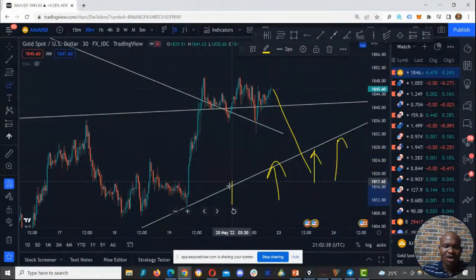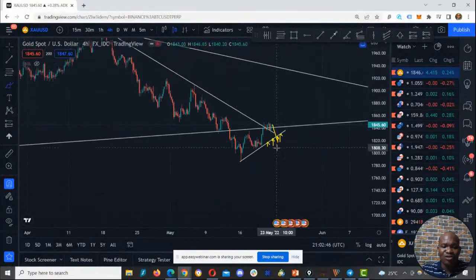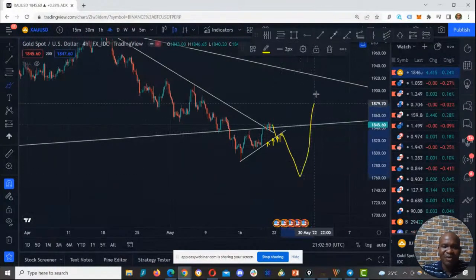This trend on the 1 hour is very, very important, because if this trend breaks, if I go to the 4 hours, what we'll be expecting is a continuation downwards. That's why this trend is very important.